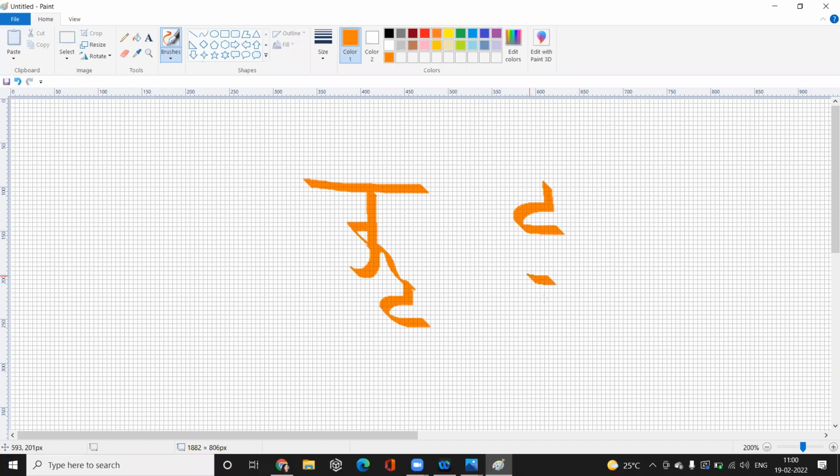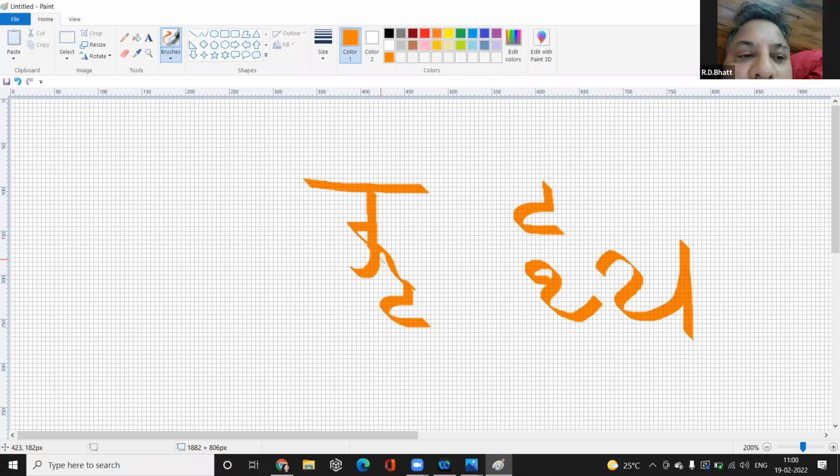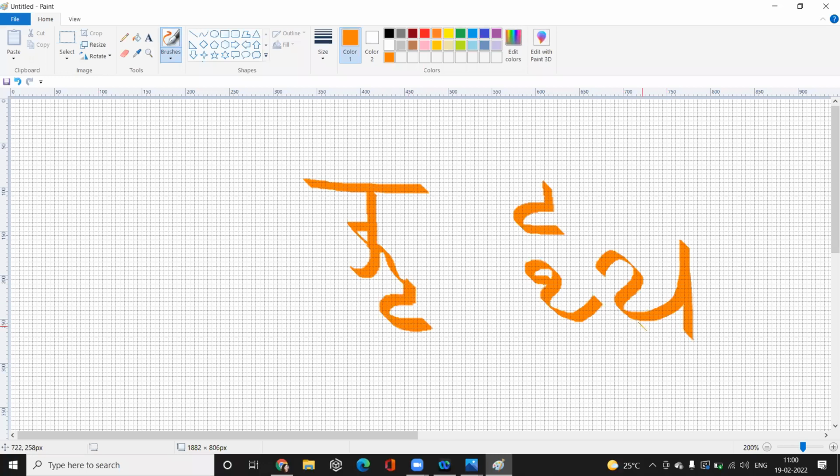Because tha was half and ya was complete, tha would be written under ra, and then ya, following the half letter, would be written complete. So this is the rule of the conjuncts in Sharada Lipi. Tha would be written complete, and we will write tha below it, ya below it. Any doubts here?